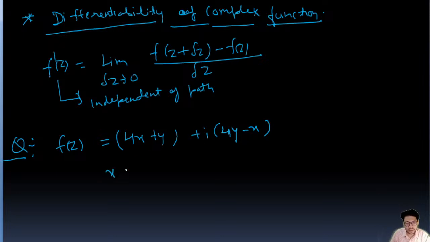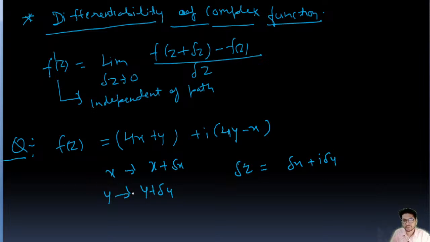Okay, so here I'm going to solve it. Here x tends to x plus delta x, and y tends to y plus delta y. And the value of delta z is going to be delta x plus iota delta y.